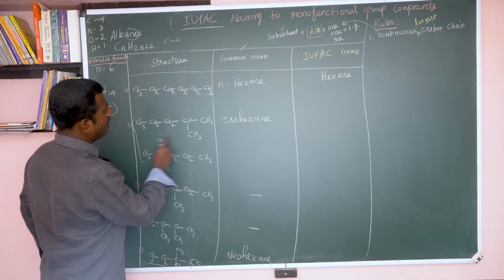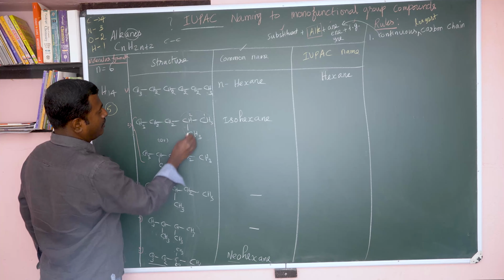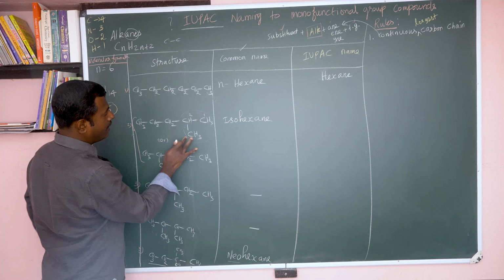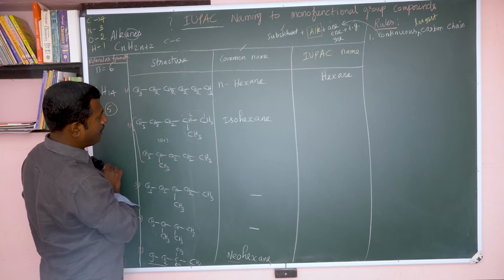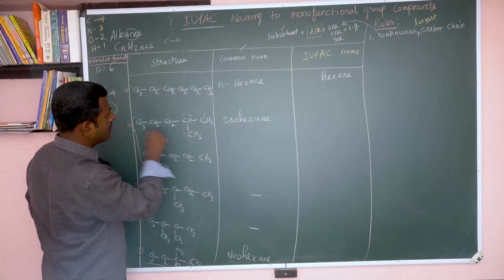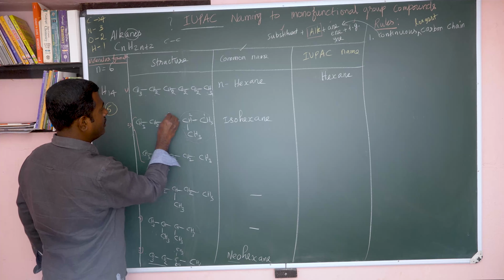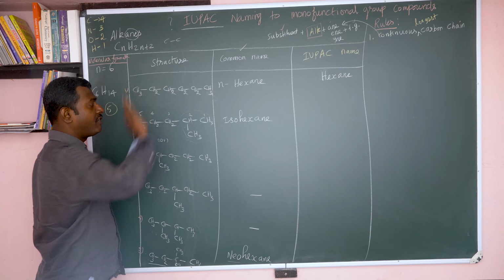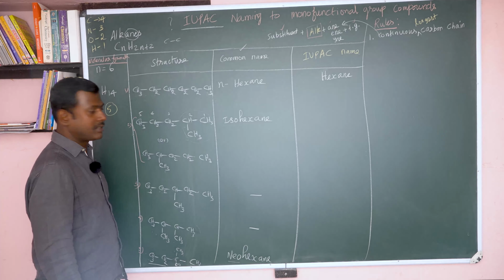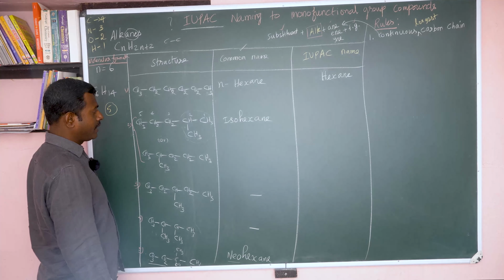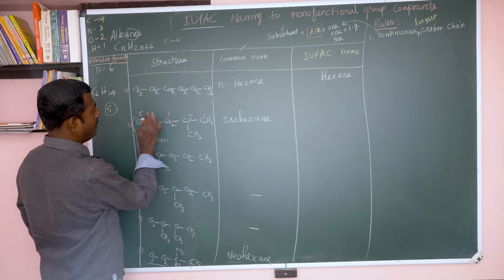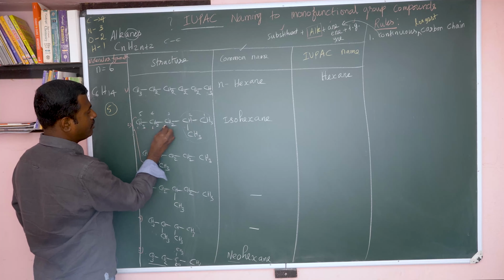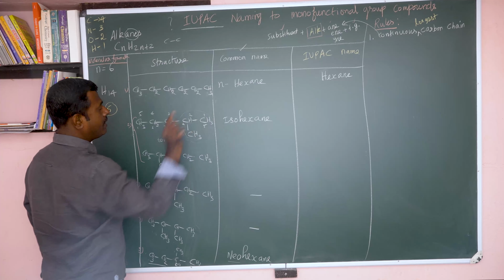So you see, 1, 2, 3. Continuously only 3 carbons we can number. It is a very low number. Let us try once more: 1, 2, 3, 4, 5. If you give numbers like this, we can get up to 5. So from left to right, 1, 2, 3, 4, 5, here also up to 5.